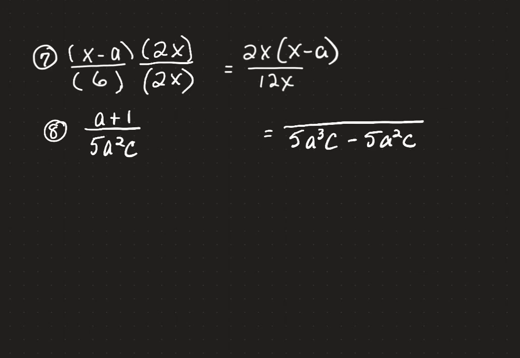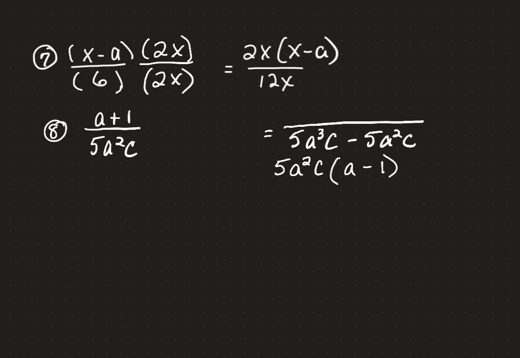Maybe we should factor this first. What is the greatest common factor for the two terms there? Turns out the greatest common factor is 5a squared c. Does that look familiar? Looks like the other denominator, right? How many times does 5a squared c go into 5a cubed c? Well, a times. And it goes into the second term 1 time.